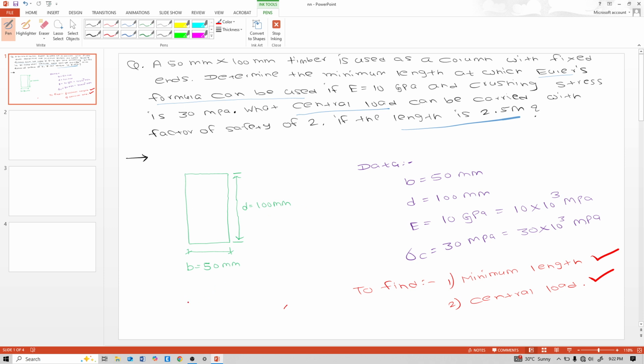We know pi square is constant, we have E, we have I, and we have L square. So that way we will find this PCR, and divide this PCR by factor of safety, we will find the safe load.